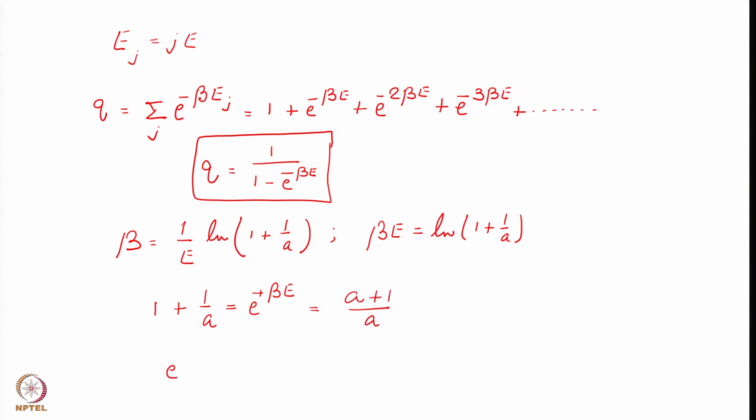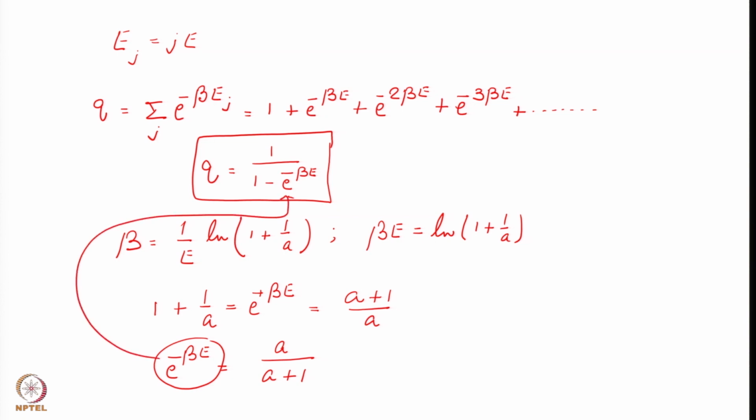That means exponential minus beta E is equal to A over A plus 1. I can substitute this now here.